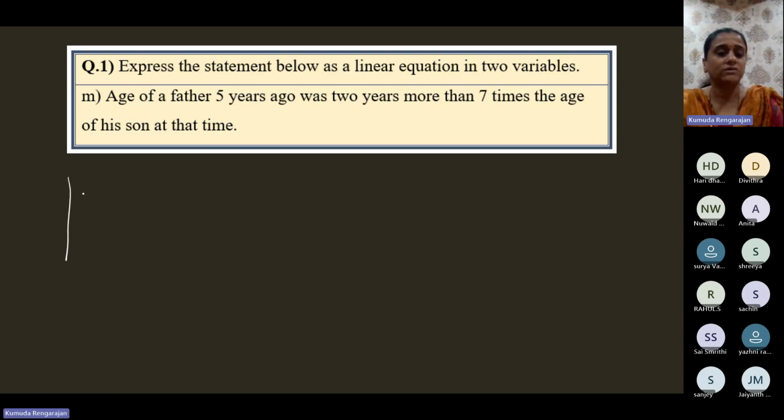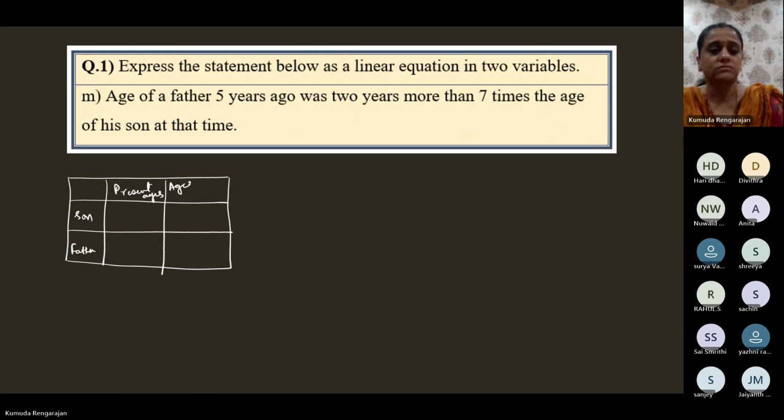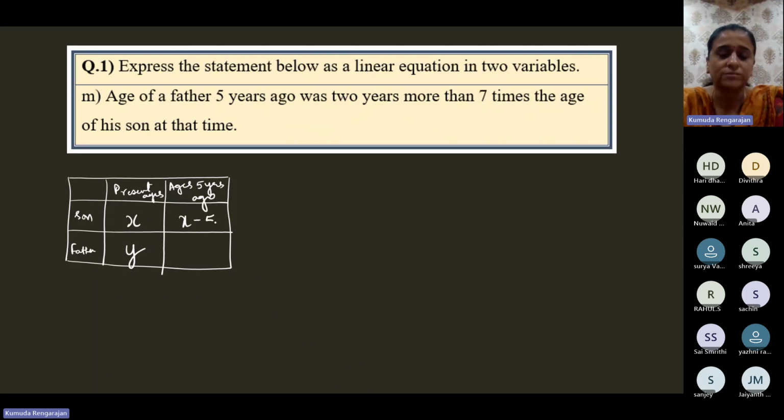Okay, so we'll again make this table. Let the son's present age be X and let the father's present age be Y. So the age of the son 5 years ago would have been X minus 5, and the age of the father 5 years ago would have been Y minus 5.